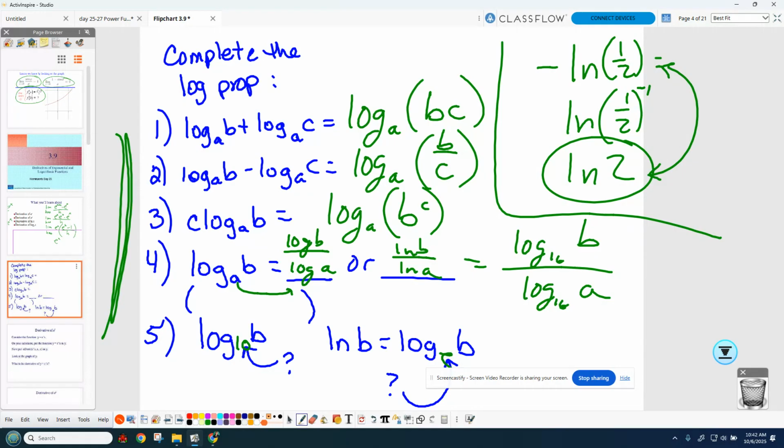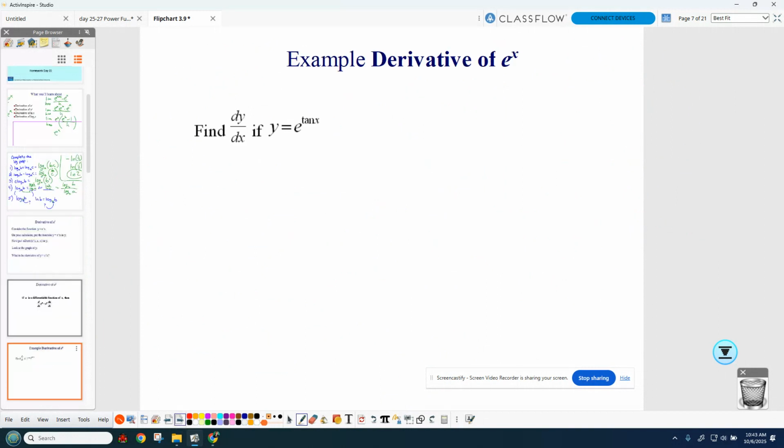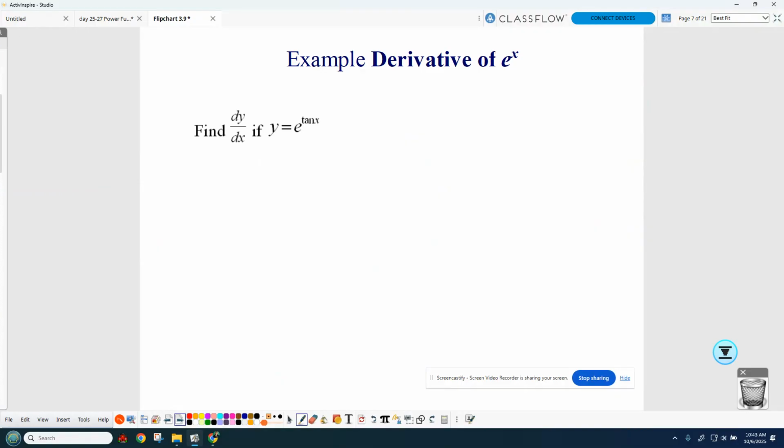so you might need your properties of logs to change how it looks. Okay, derivative of e to the x is e to the x. There it is, that you now need to do chain rule. Can you try that one?